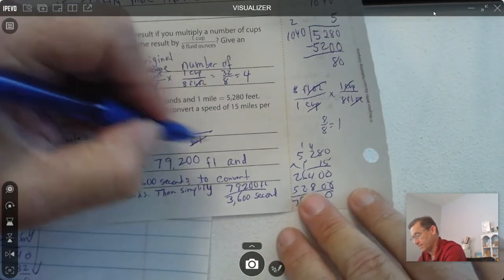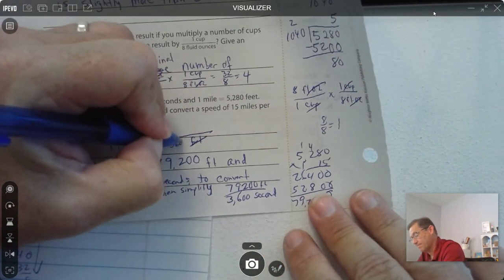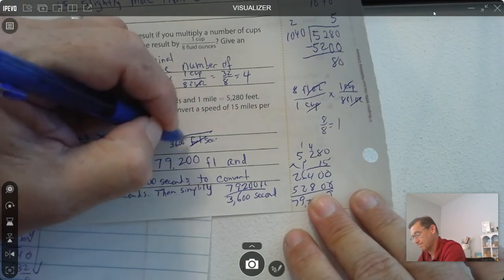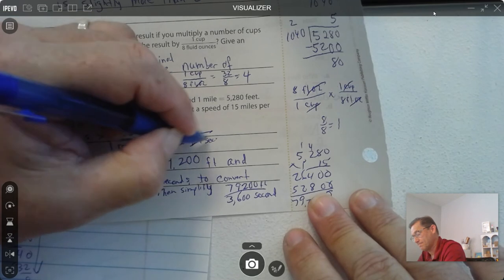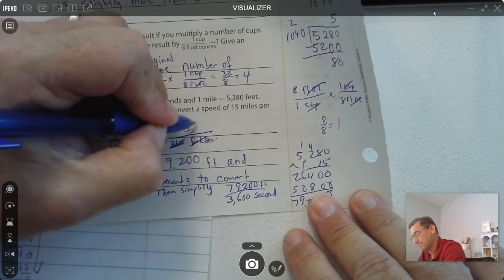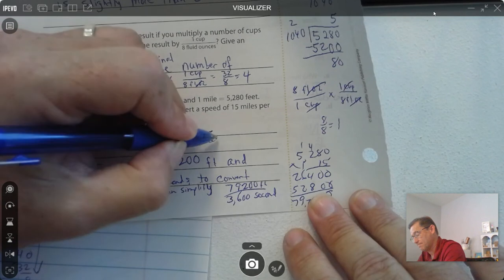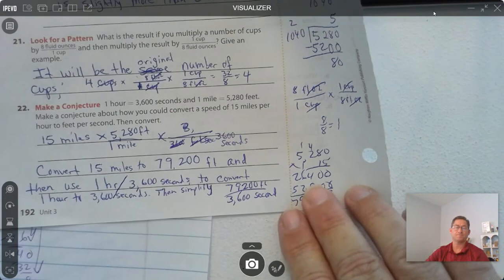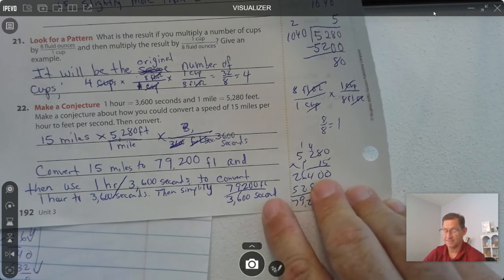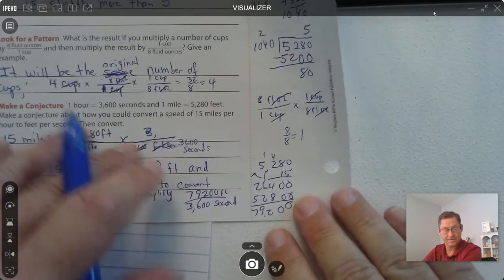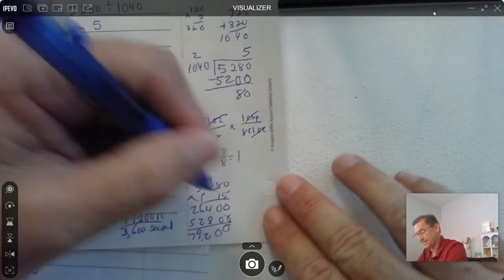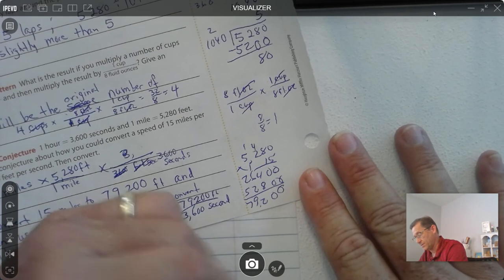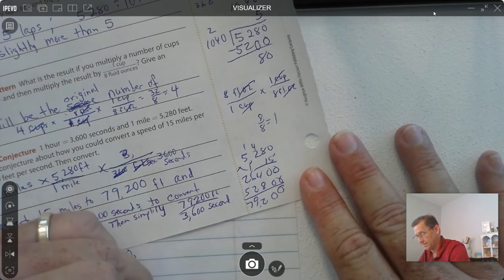I had this in the wrong side. Okay. So we're going to divide by 3,600 seconds. And we should get, let's see, 79,200 divided by 3,600.